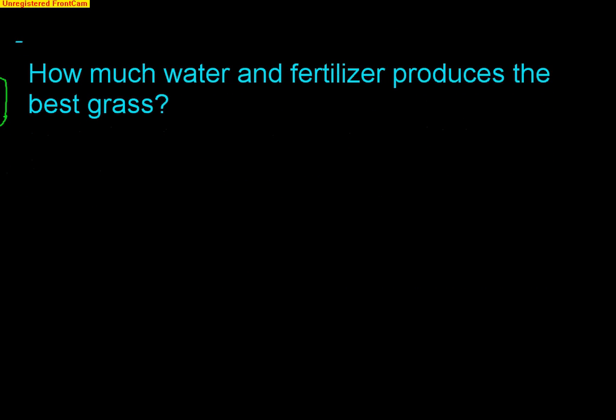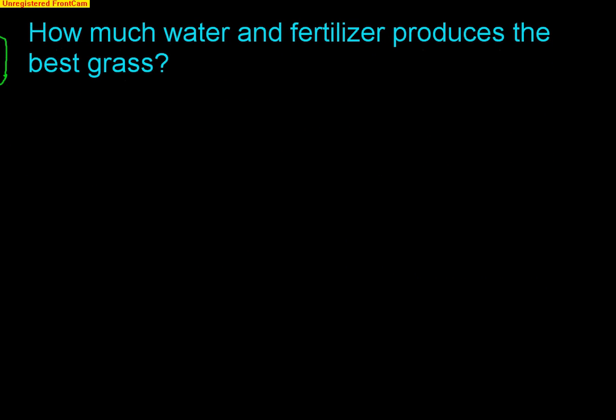All right, let's talk about how much water and fertilizer produces the best grass. So how am I going to do this? Well, let's just say I have 100 plots of land. And I'm going to give out, some plots are going to get fertilizer A, watered 1 time a day.